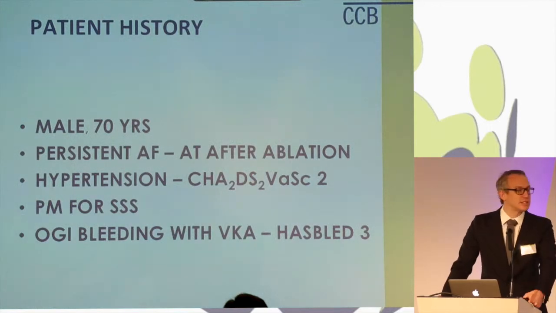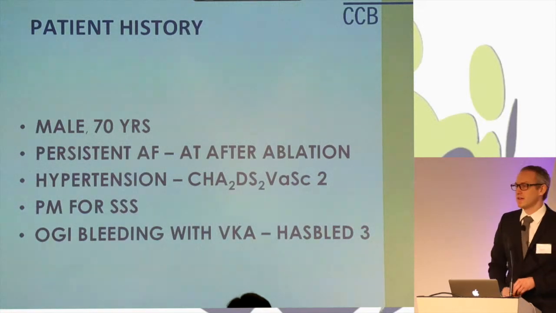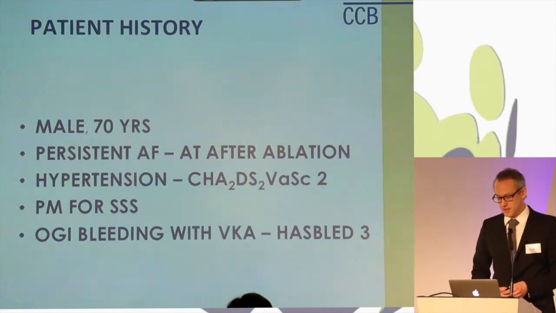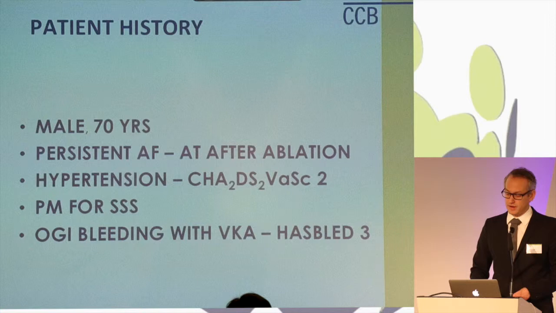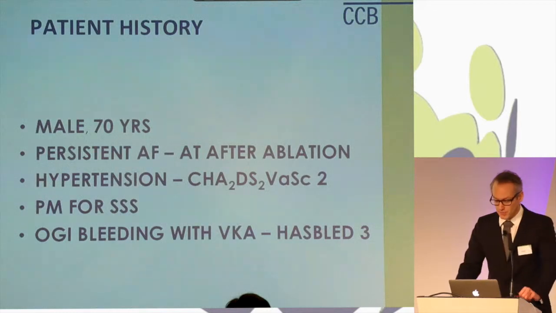Besides atrial fibrillation, he suffered from controlled arterial hypertension, giving a CHA2DS2-VASc score of 2. But unfortunately, he suffered upper gastrointestinal bleeding under vitamin K antagonists. This sums up to a HAS-BLED score of 3. So we felt that this is an appropriate candidate for an LAA occlusion device. Besides that, he had a pacemaker for sick sinus syndrome, which was implanted many years ago.